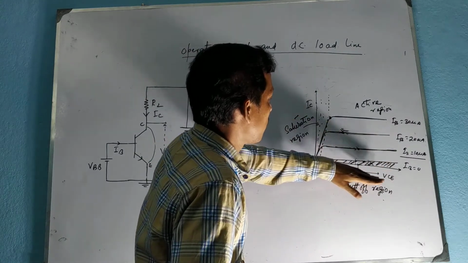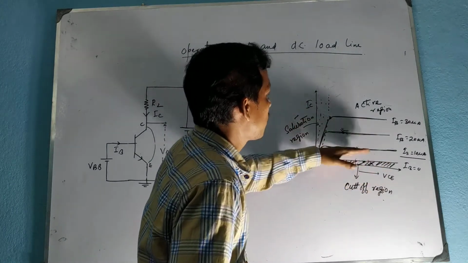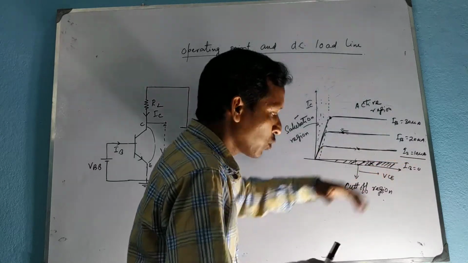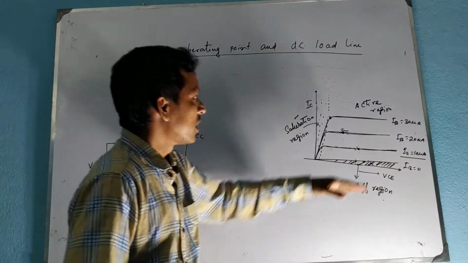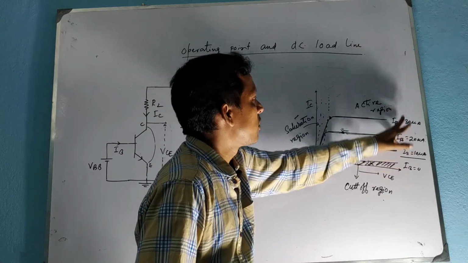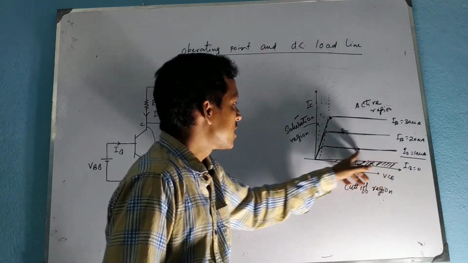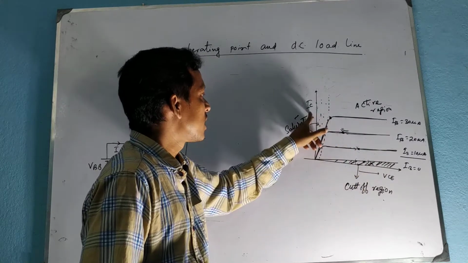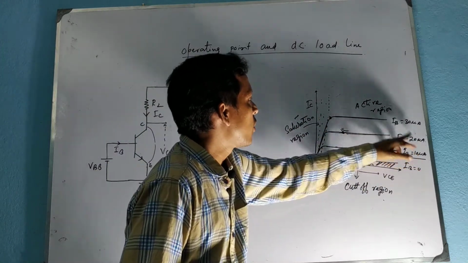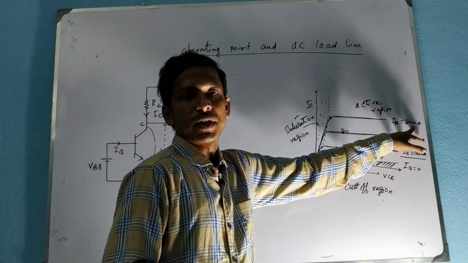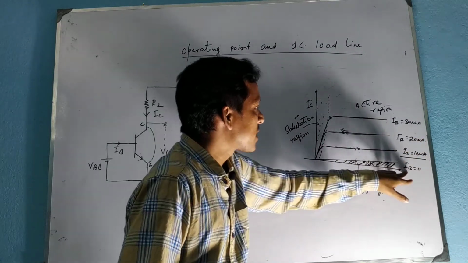Here we have drawn VCE versus IC for different values of IB, and to get the family of curves we have chosen different values of the base current. For IB equal to 10 microamp, we get this curve between VCE and IC, and for 20 microamp and for 30 microamp.